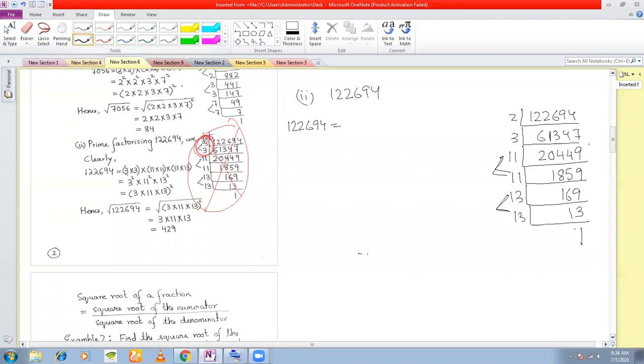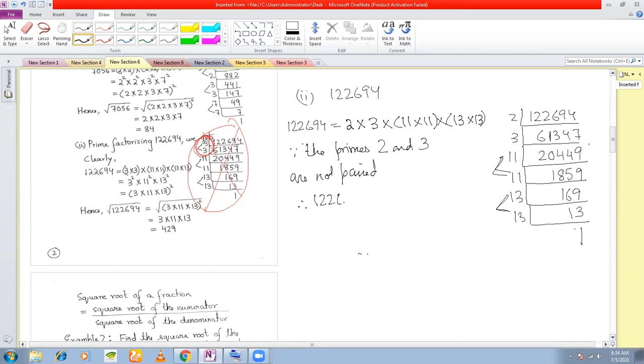So what you are going to do is correct this mistake, and write this as 2 into 3, and 11 is paired and 13 is paired, right? But 2 and 3 are not paired, since the primes 2 and 3 are not paired.